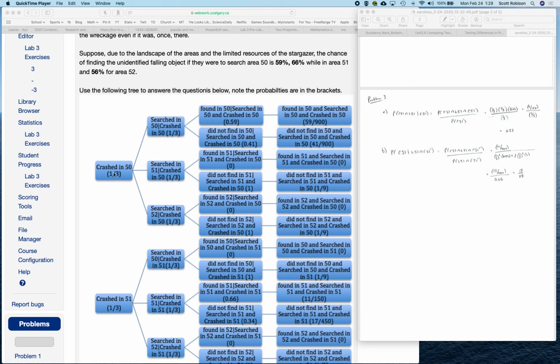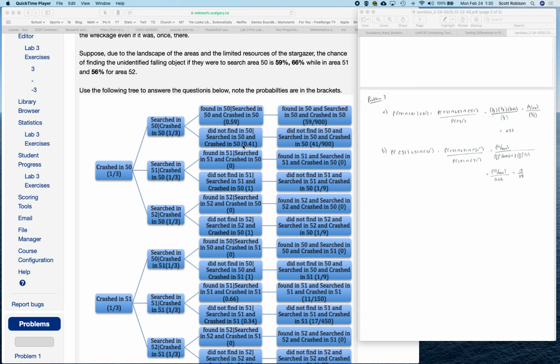For example, if the object crashed in Area 50, there's a 1 in 3 chance of that. And then if it crashed in Area 50, you might look in Area 50, you might look in 51, or you might look in 52. So you're deciding which area to look in, which is not related to where it crashed. However, if it crashed in 50 and you looked in 50, you do have a chance of finding it, which is here 0.59.